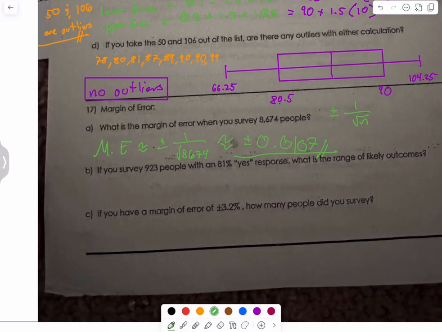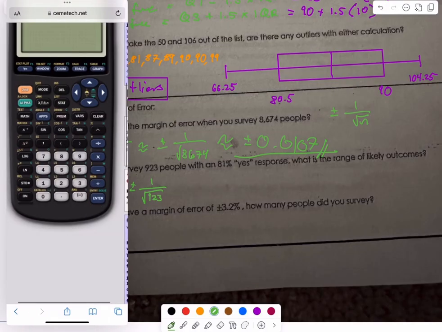So for our margin of error here, 1 over the square root of the number you surveyed, 923 people, with 81% saying yes. Square root of 923. Let's just go with it.